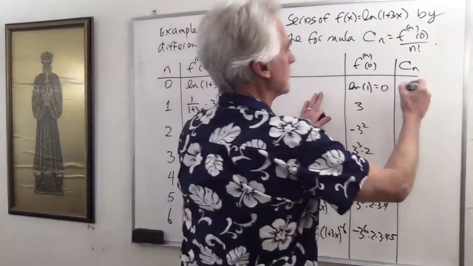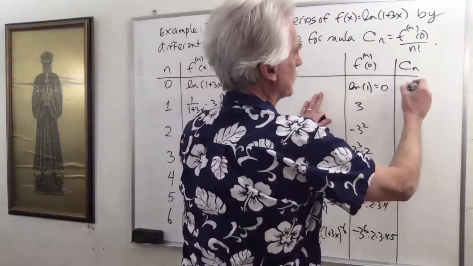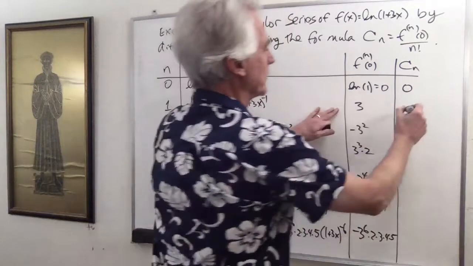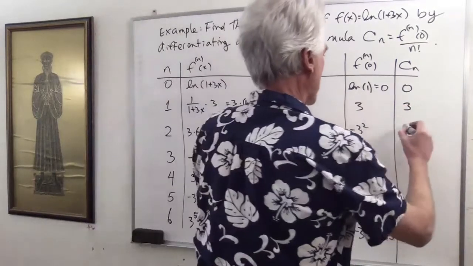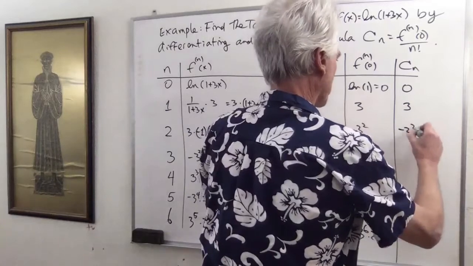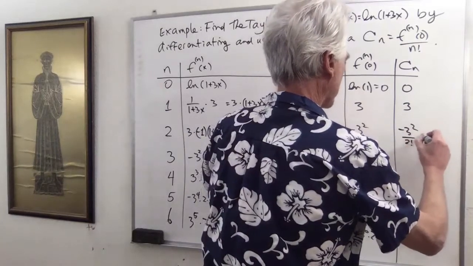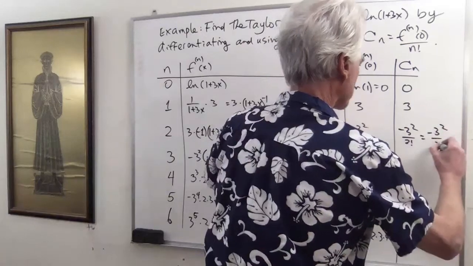Okay? So now let's figure out what the coefficients Cn in the Taylor series are. Well, 0 over 0 factorial is 0. So that's 3 over 1. Then I get minus 3 squared over 2 factorial, that's minus 3 squared over 2.